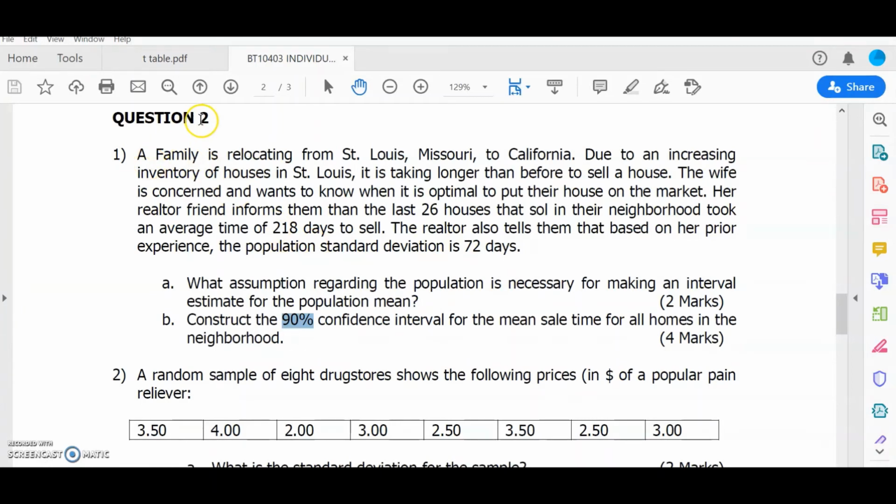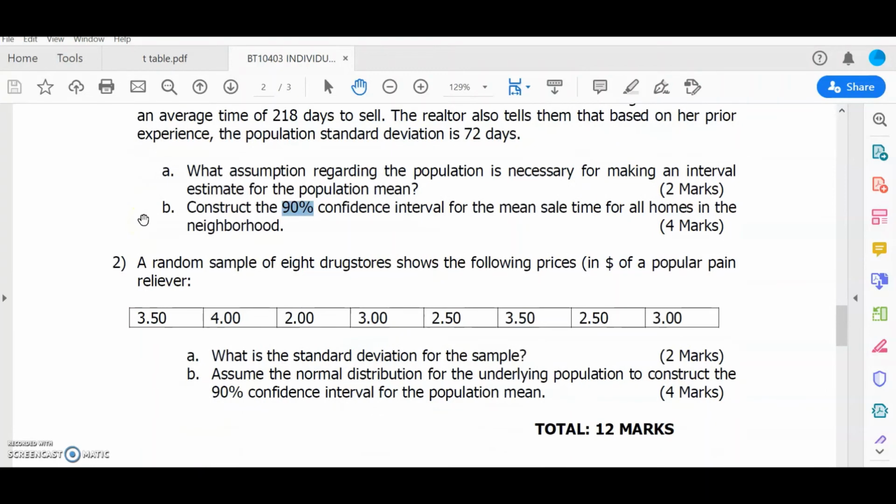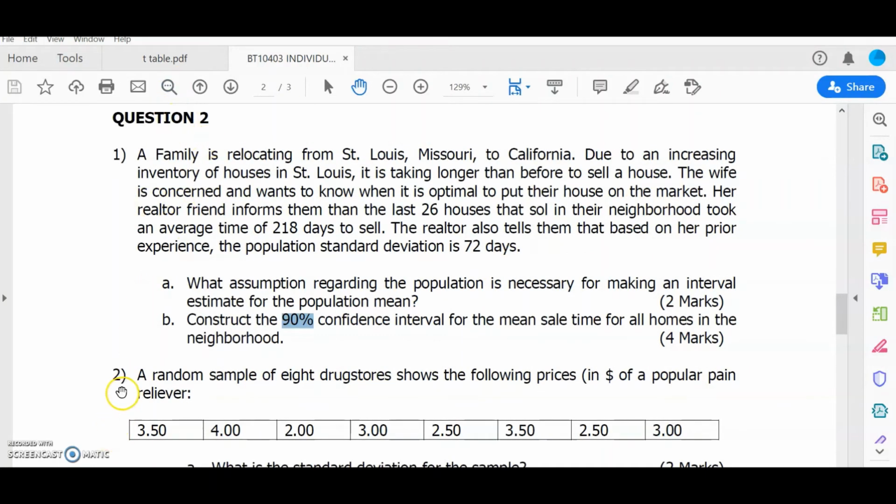answering question 2.1. Now we move to question 2.2, or sub-question 2 for question number 2 in the individual assignment.